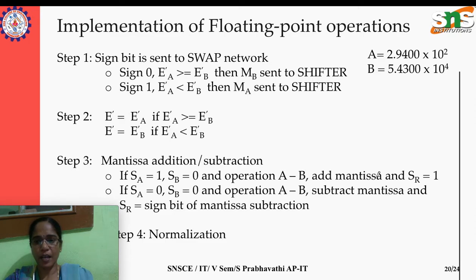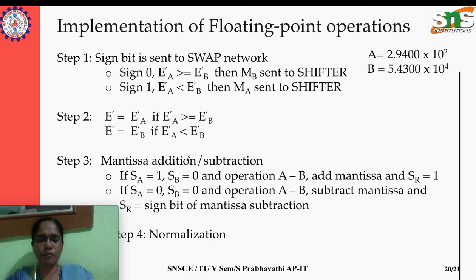So add the mantissas, because minus A and minus B is adding A and B, and the resultant sign is negative. Suppose both given numbers are positive and the operation is subtraction, you actually subtract the mantissas, and the sign bit of the resultant is based on this operation. After subtraction, if we get a positive number, the sign bit SR is equal to 0, or if the result is a negative number, the sign SR will be 1.